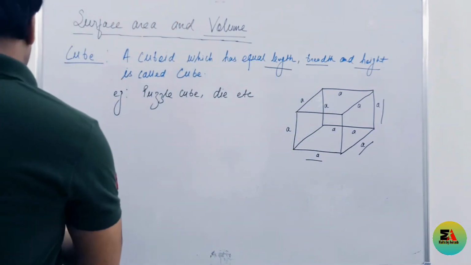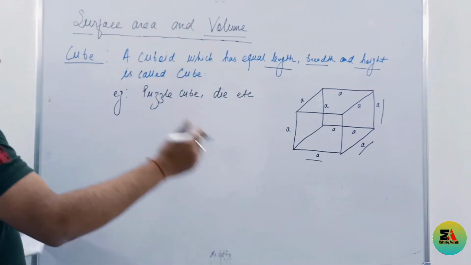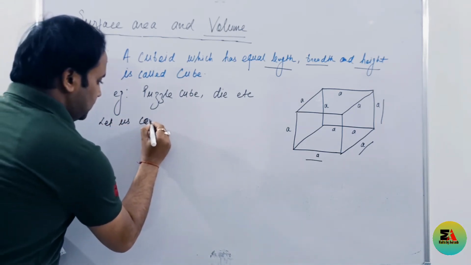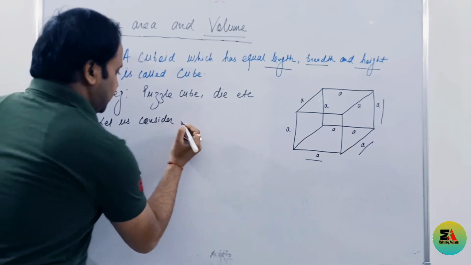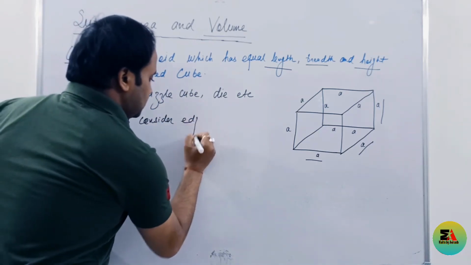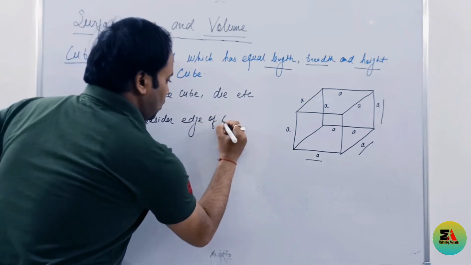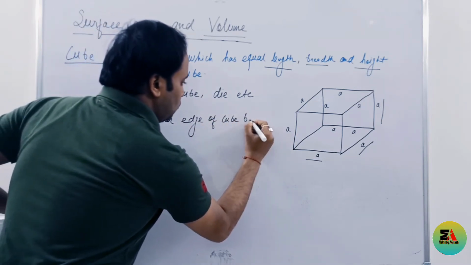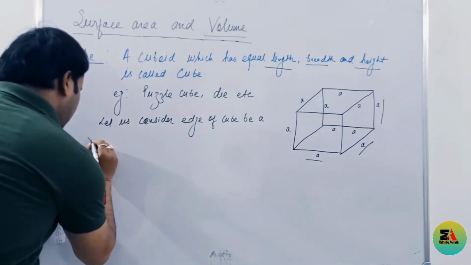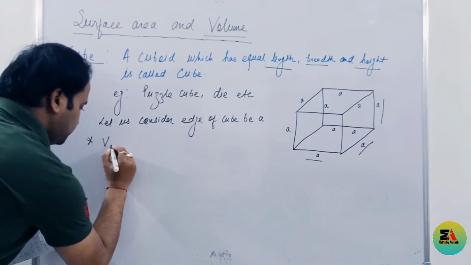Now we talk about some formulas of a cube. Let us consider the edge of the cube to be A, then the volume will be what?